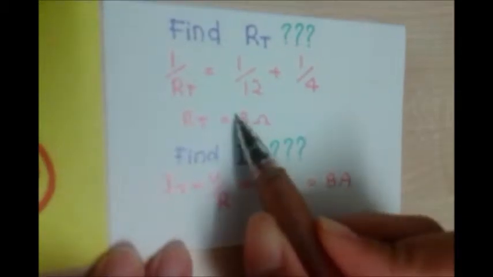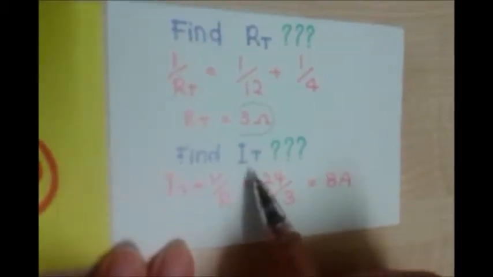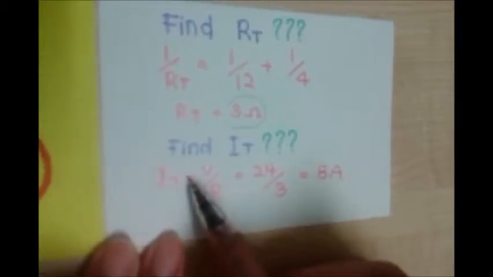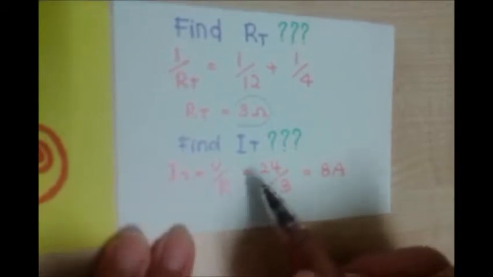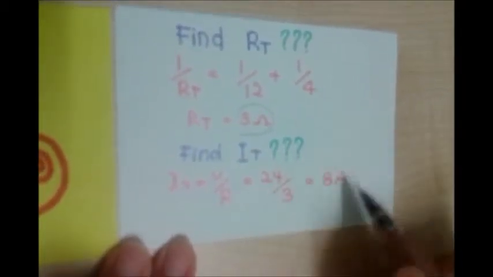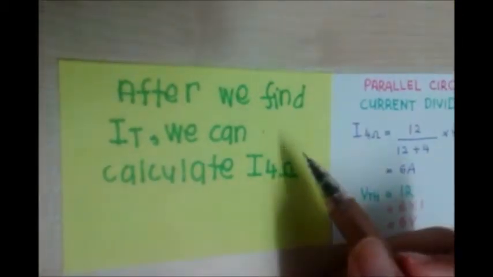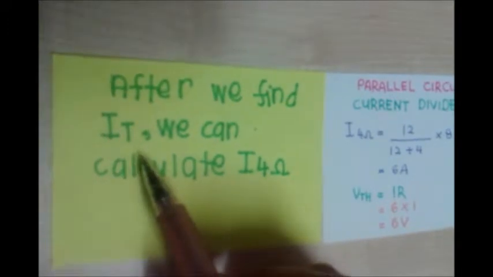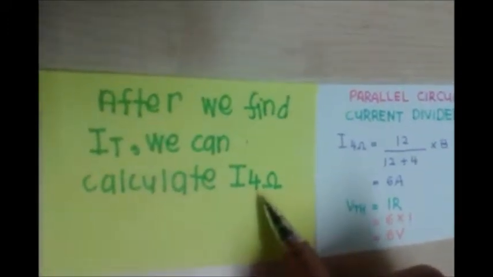We use the R total 3 ohm to find the I total. I total equals V over R, where V is 24 and R is 3. So we get 8 A. After we get the I total, we can calculate the I for the 4 ohm.